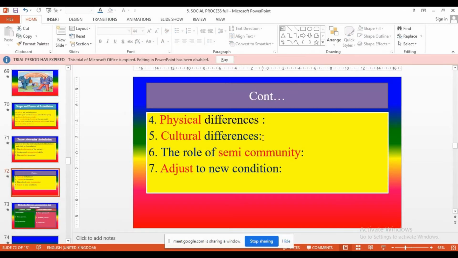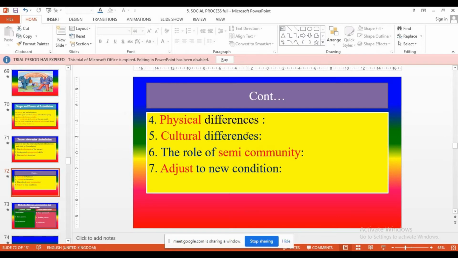Then physical differences, physical infrastructure. Similarity of physical setting makes it easy to assimilate, or aids assimilation. But dissimilarity of physical setting may cause hindrance to assimilation.